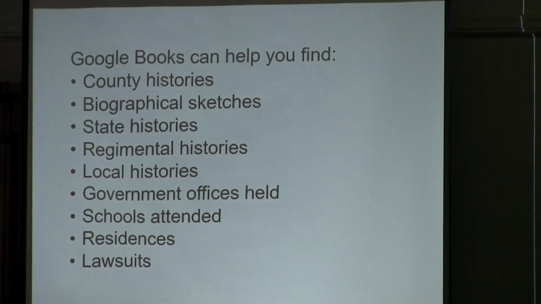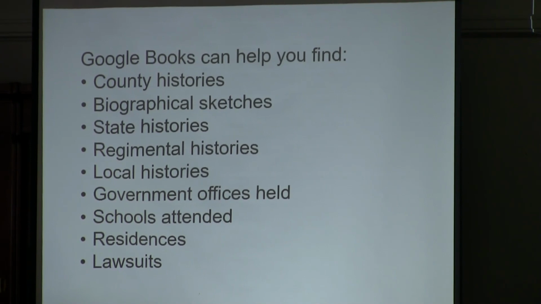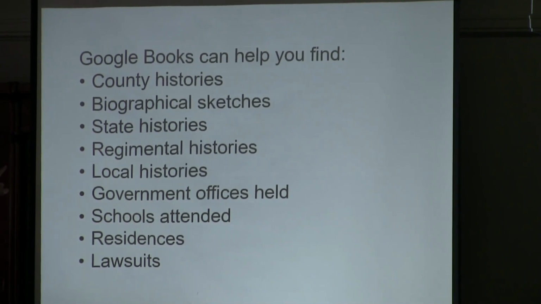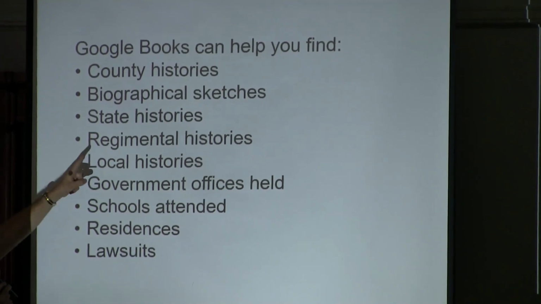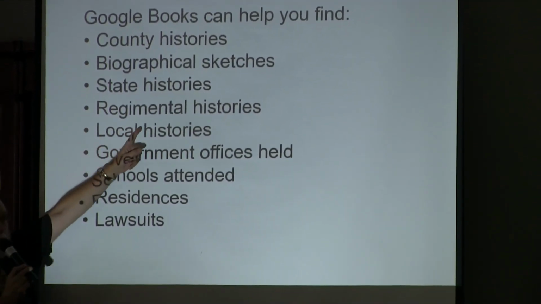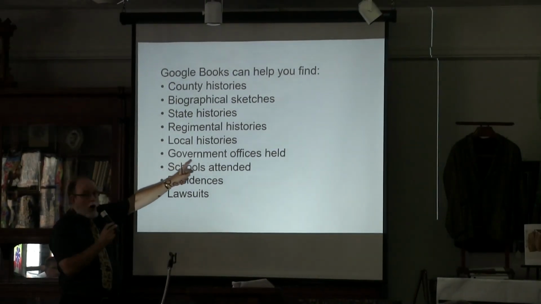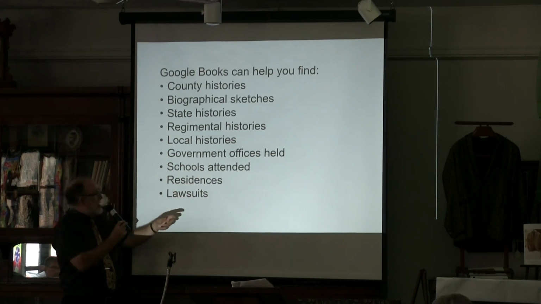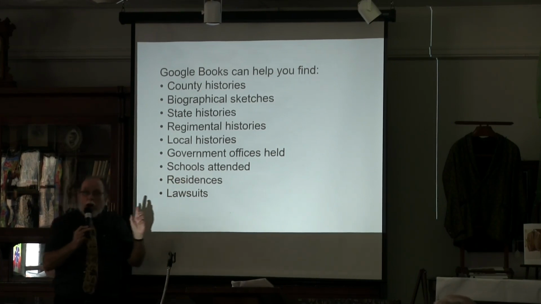Now, specifically, Google Books can help. This is why it can be so good. It can help you find county histories, biographical sketches, state histories, regimental histories, local histories, government offices held by your ancestors, schools attended, residences, lawsuits.